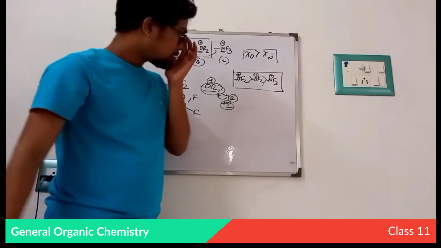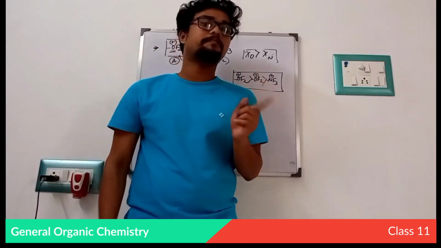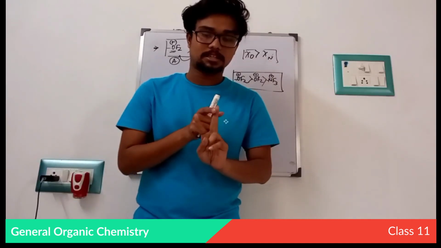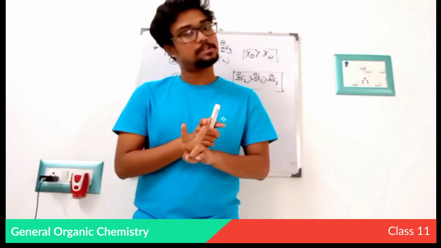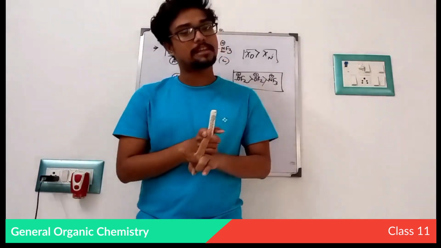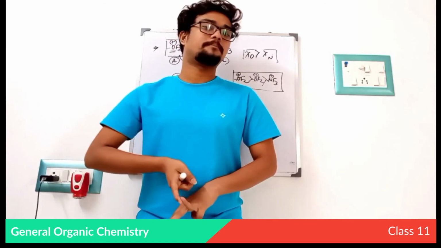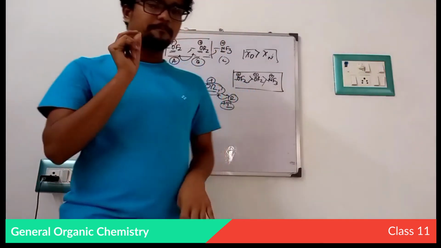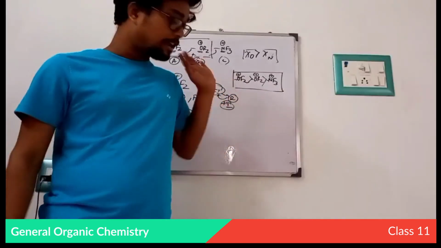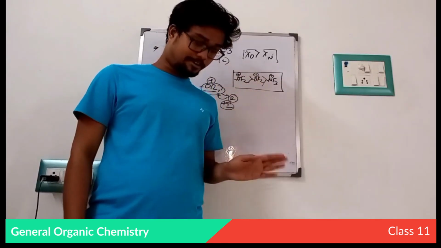So enough for today. Today we have discussed the electron displacement effect first. Second, we have discussed the types of electron displacement effect, permanent and temporary. Fourth, we have discussed a basic brief idea about inductive effect. What is inductive effect? Why is it called an inductive effect?